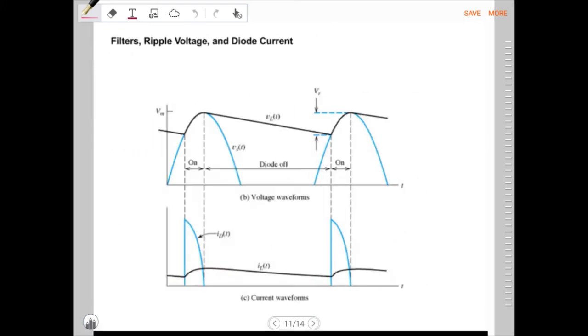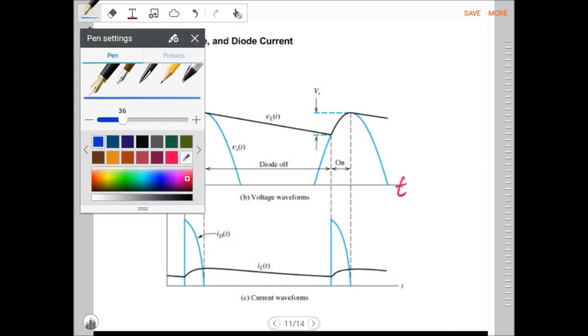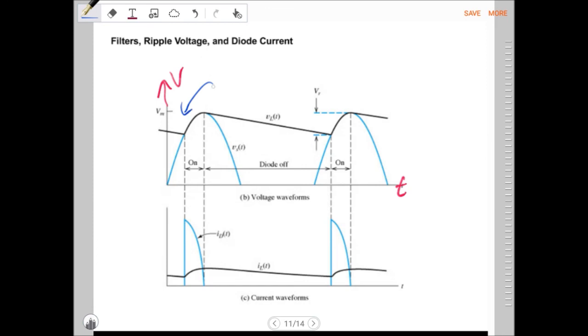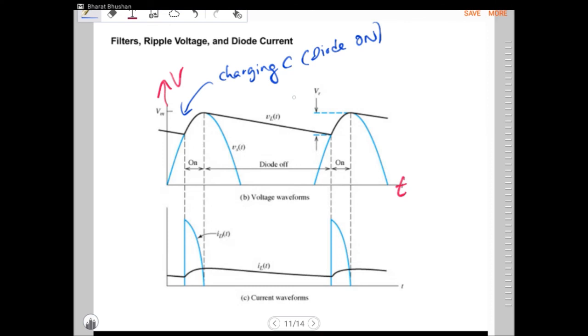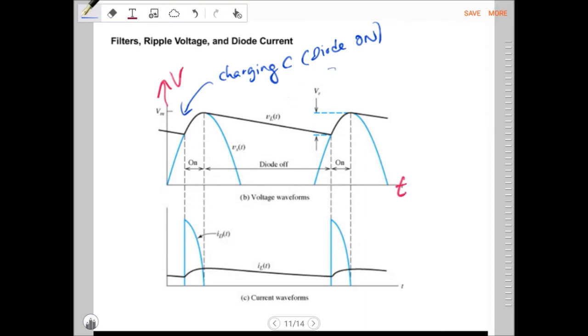Now this is the graph showing voltage against time. This is the period of charging the capacitor, where the diode is on, and this region here is where the capacitor is discharging and the diode is off.